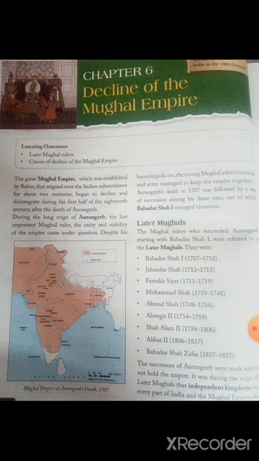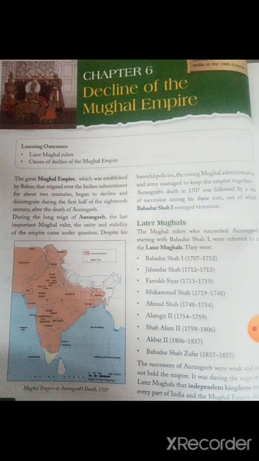They were Bahadur Shah I, then Jahandar Shah, Farrukhsiyar, Muhammad Shah, Ahmad Shah, Alamgir II, Shah Alam II, Akbar II, and Bahadur Shah Zafar from 1837 to 1857. The years are given next to the names of these rulers, showing how long they ruled.